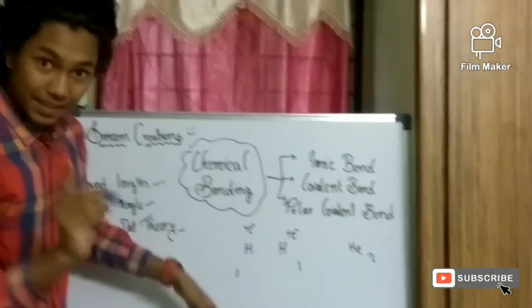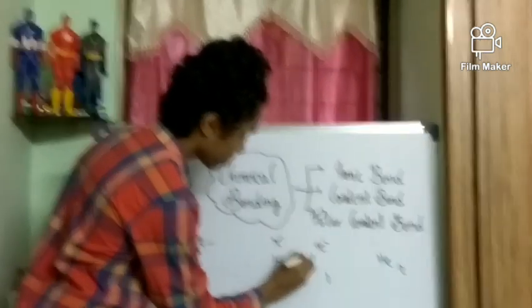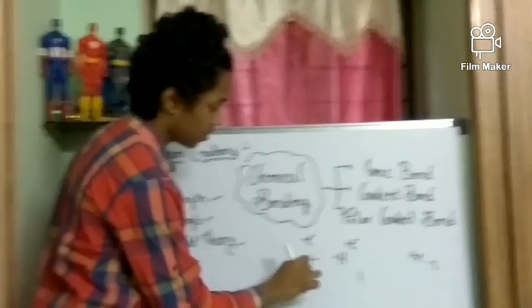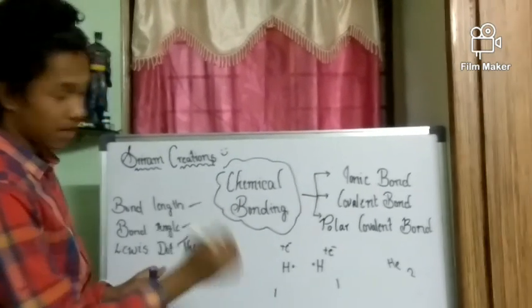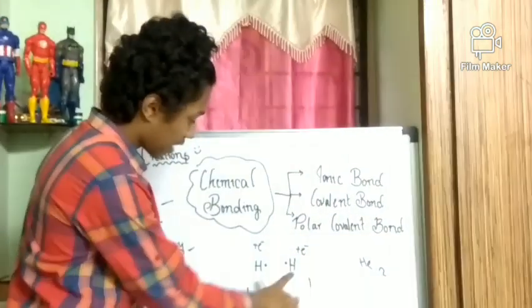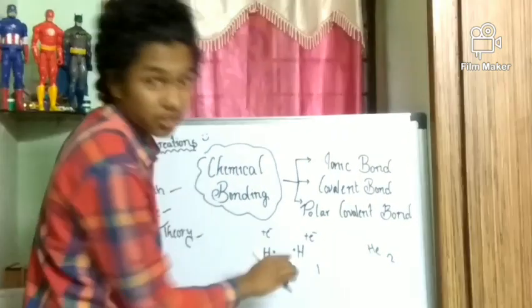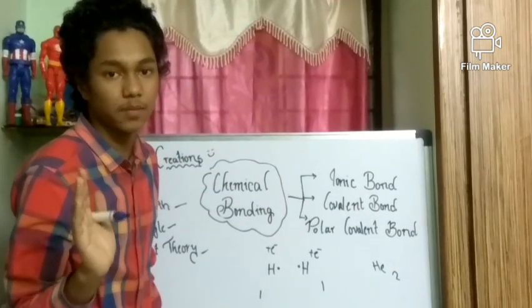Now, what if a bond is formed between, okay, these are the electrons, assume it. That's where Lewis dot theory comes, but I'll get to that later. Now, hydrogen and hydrogen, one electron in the valency, and each needs one more electron to get complete stability.